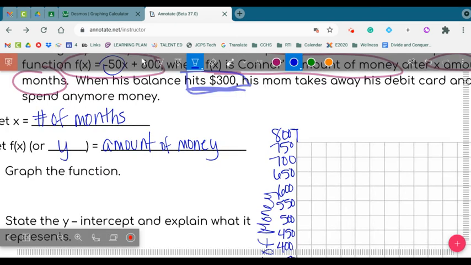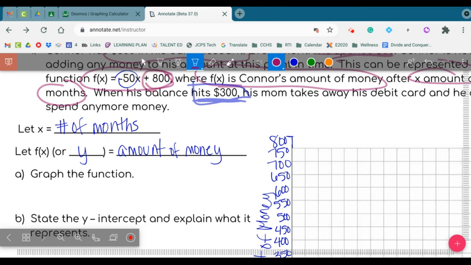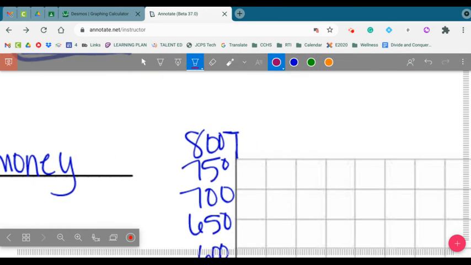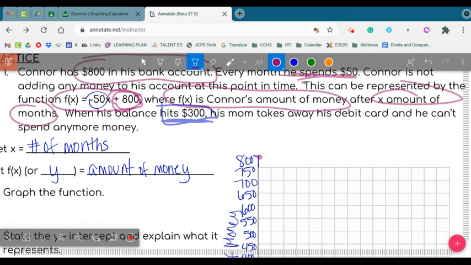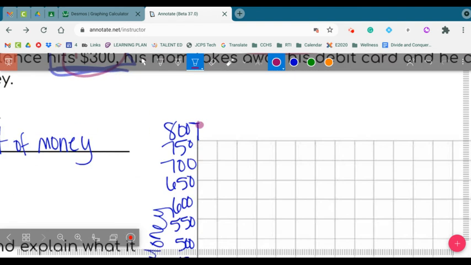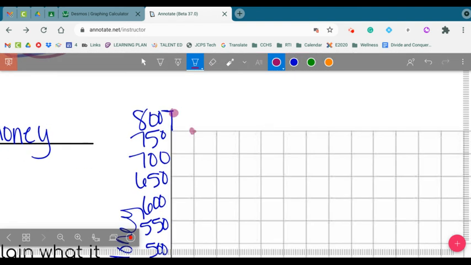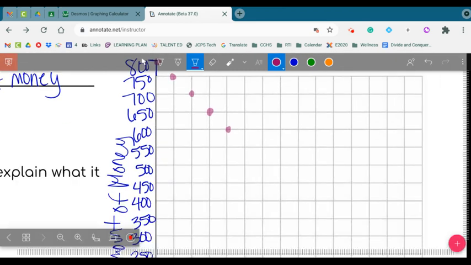So then we have to plot our points. Our y-intercept is 800. Then he's going down by $50 each month. But at $300, he's going to stop spending money. So we're going to start going down. Every month we lose $50. So we're going down 50 and over 1 month until we are at $300.